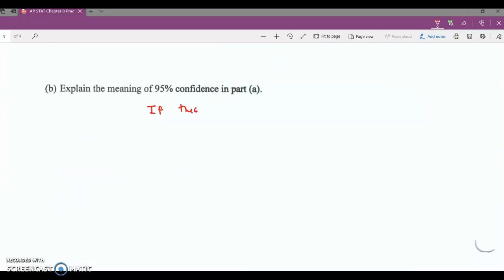If these procedures were repeated many times, 95% of the intervals generated would contain mu. In context, of course.